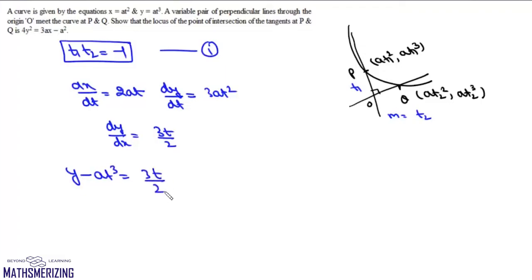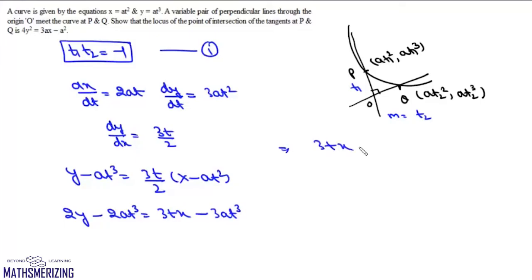So we can write the equation of the tangent at any point: y minus at cube is equal to 3t by 2 times (x minus at square). So we cross multiply, and we can write 2y minus 2at cube will be equal to 3tx minus 3at cube. So we can write this equation as 3tx minus 2y is equal to at cube.